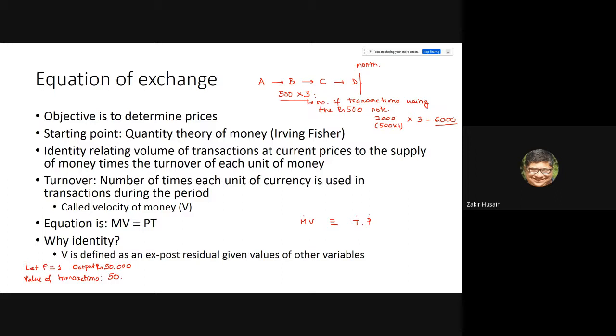So the volume of transaction has to be 50,000. Now suppose I have issued money worth 10,000. With 10,000, is it possible for the economy to buy 50,000? Yes, because the money changes hands.